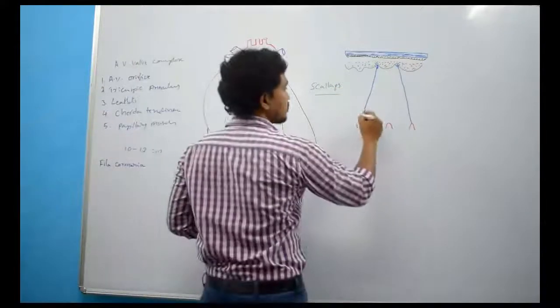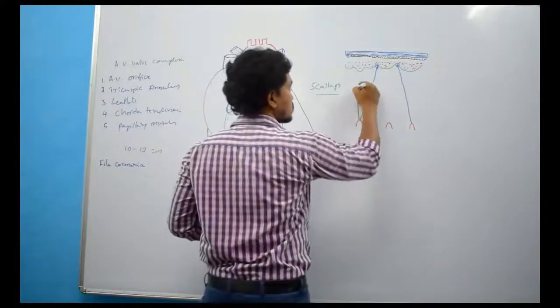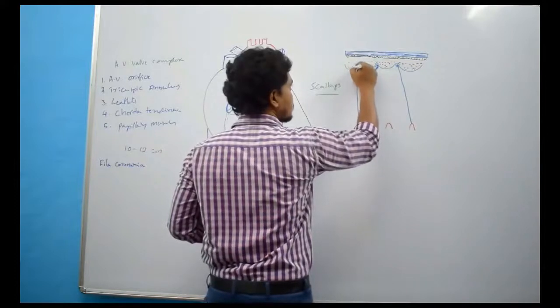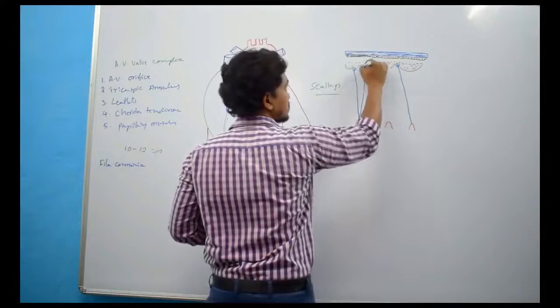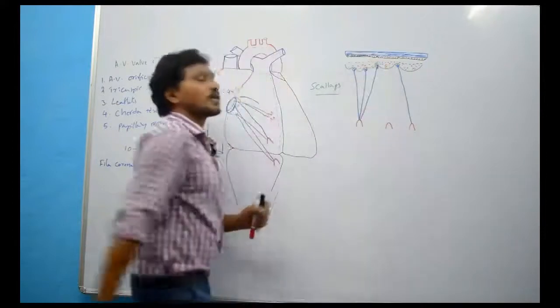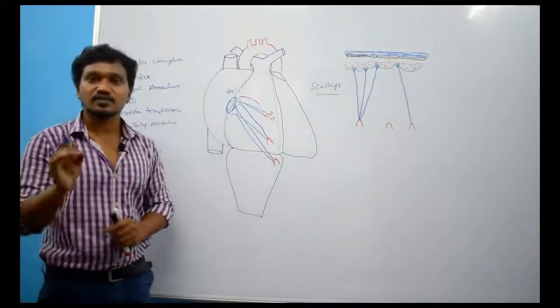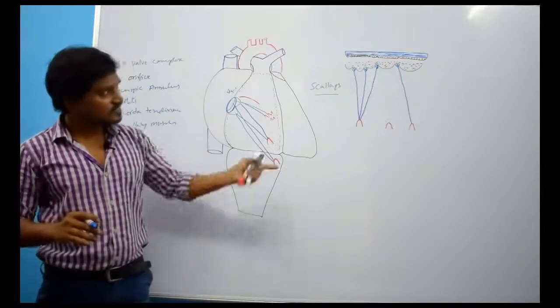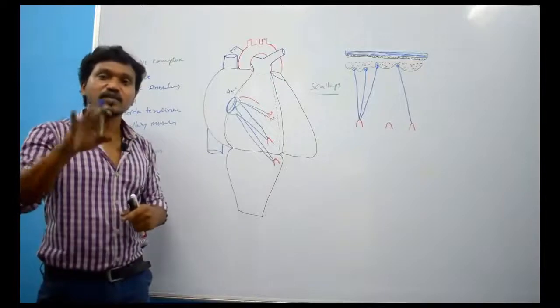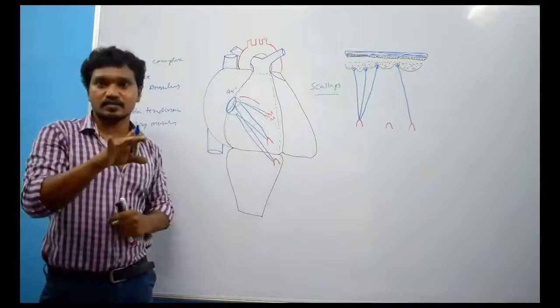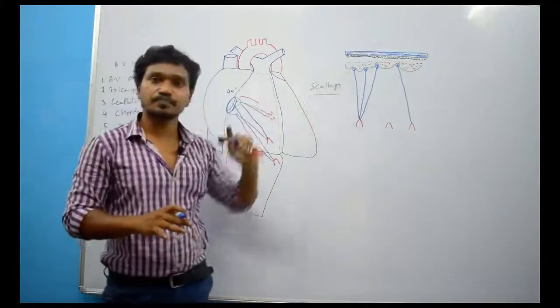Then some of the chorda attach to clefts. See here, clefts are there. So they attach to the clefts. These we call cleft chorda. When these commissural chorda and cleft chorda attach, they divide into fan-wise strands.